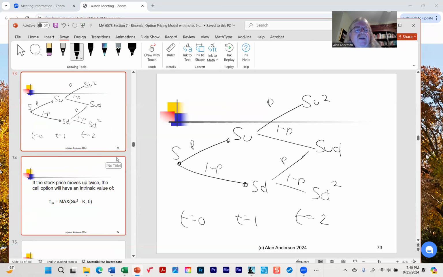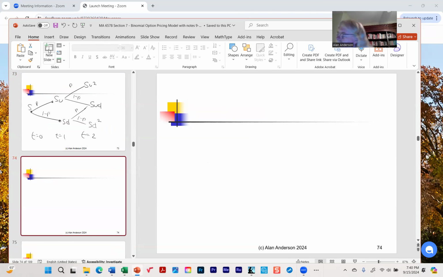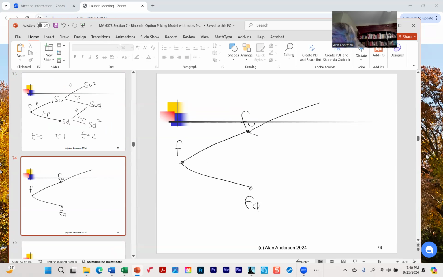What do you have to take into account here? Well, the maturity date is easy. Because remember, whatever the maturity date is, the option will always have a value equal to its own payoff.